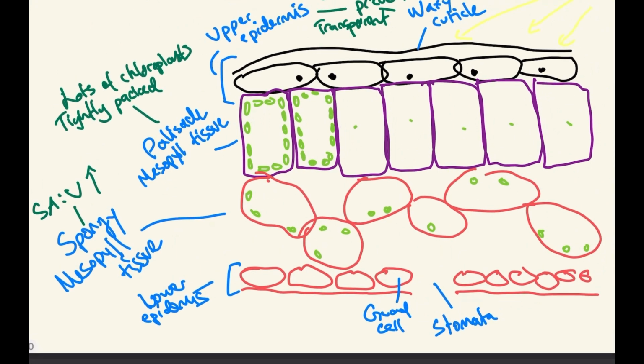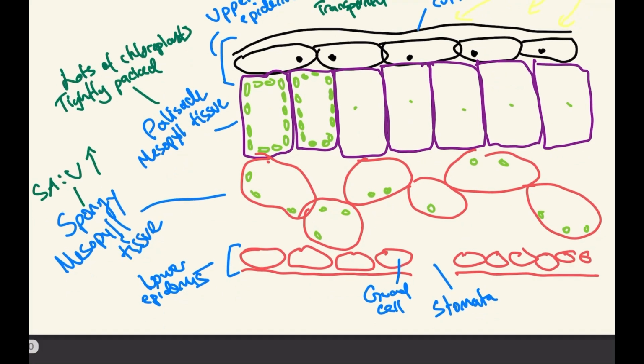And it also touches on gas exchange. Now, photosynthesis needs the exchange of carbon dioxide and oxygen. So with a lot of internal air spaces, it increases the surface area to volume ratio. And this basically increases the rate of diffusion of gases, which is better for carbon dioxide to be absorbed for photosynthesis.